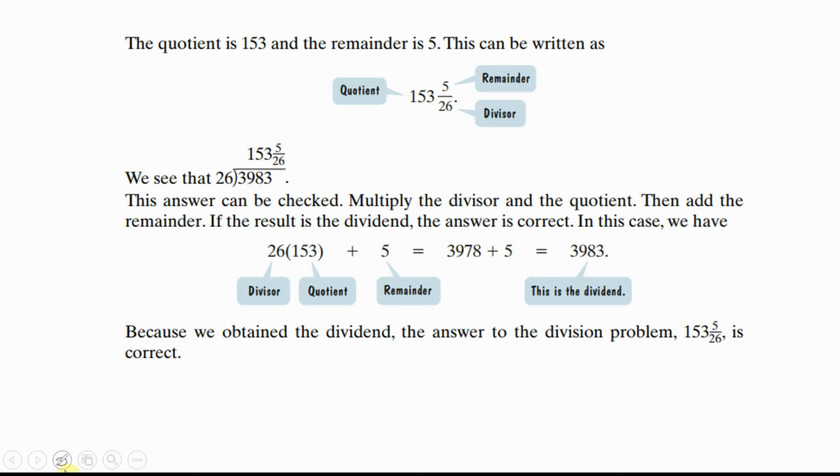Now check this out. This is the same as saying 153 plus 5 over 26. That's the same thing as saying 153 and 5/26. You'll see the plus or the minus sign with the algebraic expressions.